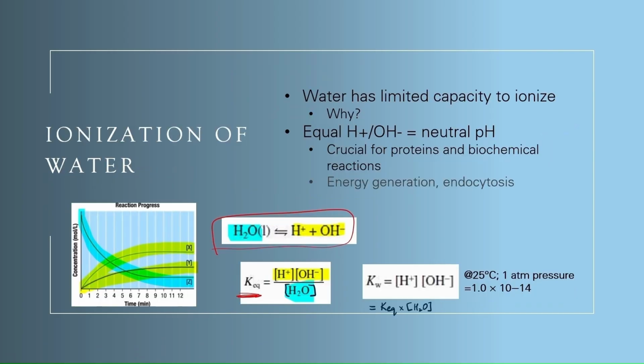So back to this. At equilibrium, over here, we have the product of the concentrations of the ions that are formed divided by the concentration of water in a beaker, for example, okay?